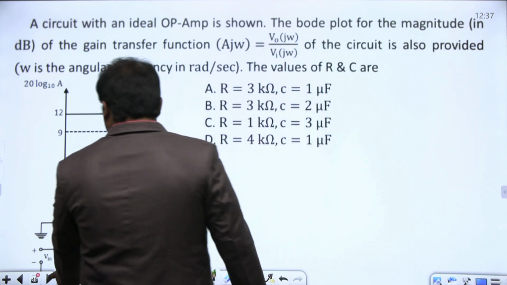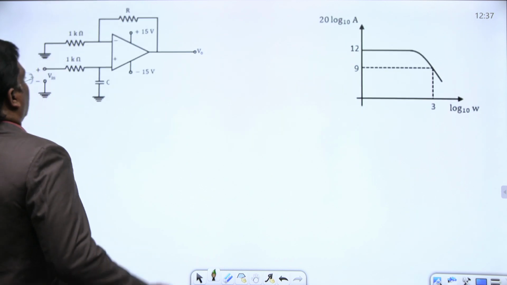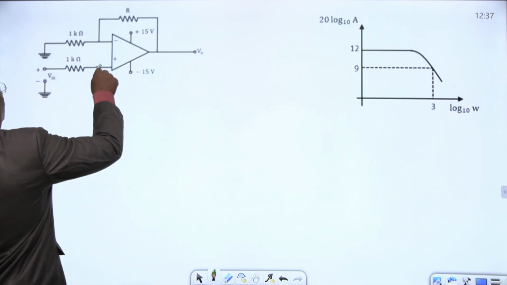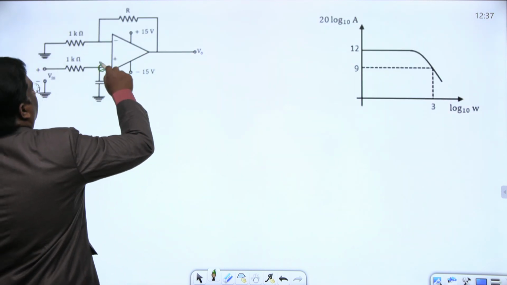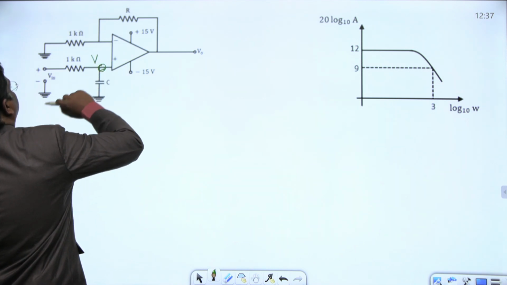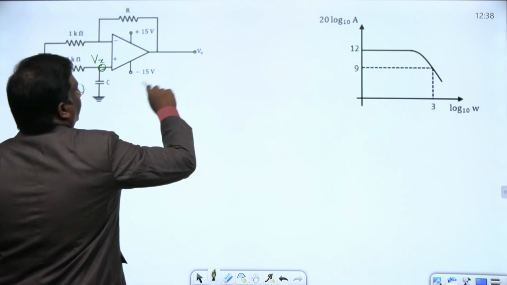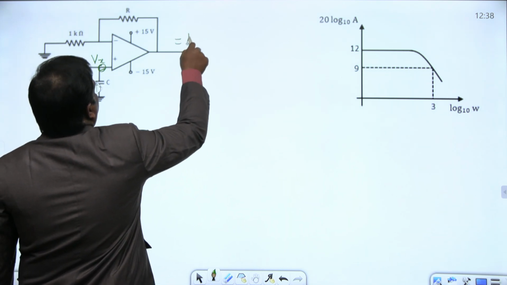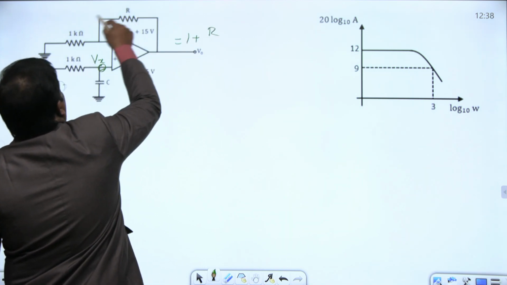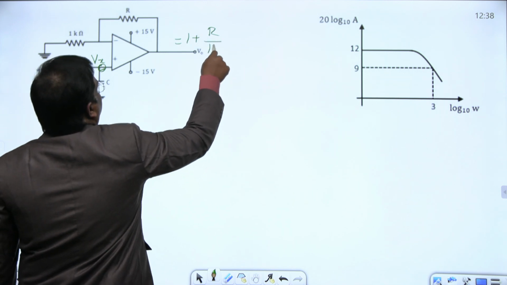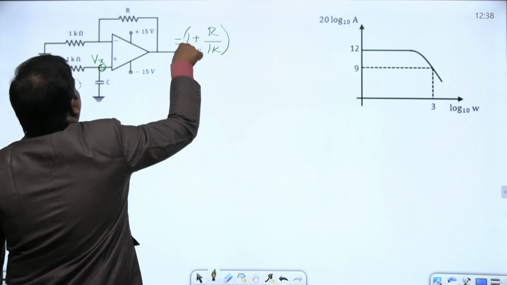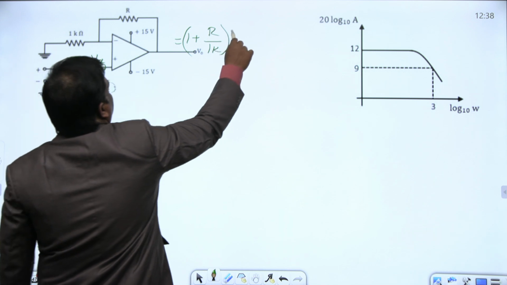If this voltage is some Vx or V positive, then the output voltage is nothing but 1 plus Rf by R1, 1k, into Vx.